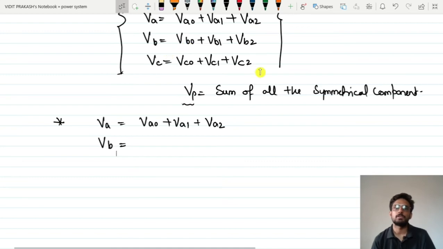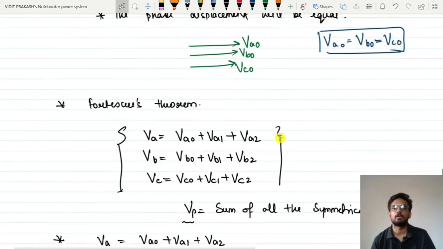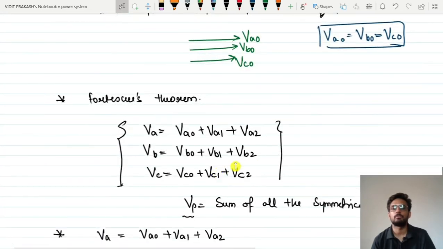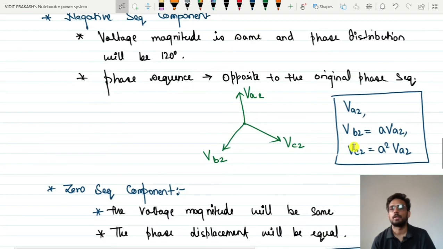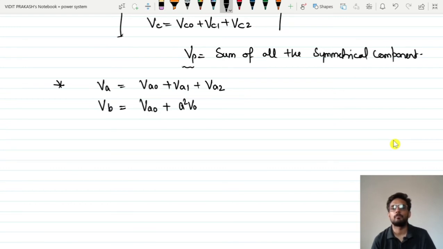So what is VB0? VB0 is nothing but VA0. What is VB1? VB1 is nothing but A square VA1. And what is VB2? Here VB2 is A into VA2. So I can write this as VA0 plus A square VA1 plus A VA2.